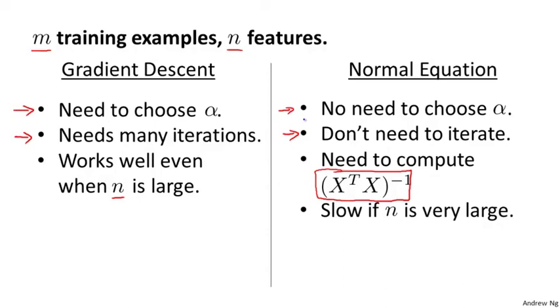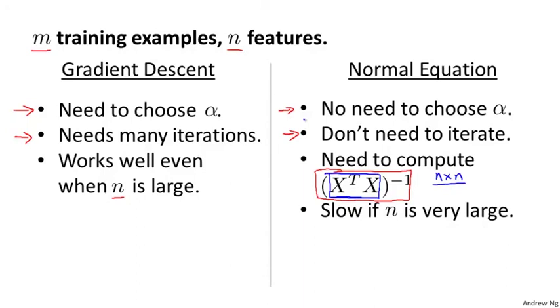This matrix X transpose X is an n by n matrix if you have n features, because if you look at the dimensions of X transpose and the dimensions of X, you figure out what the dimension of the product is. The matrix X transpose X is an n by n matrix, where n is the number of features.